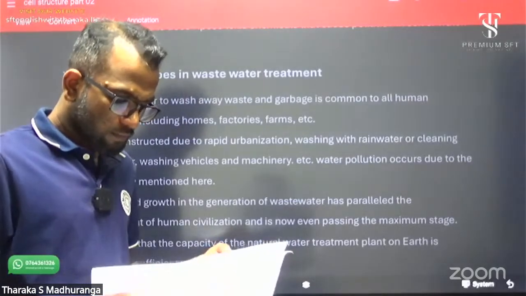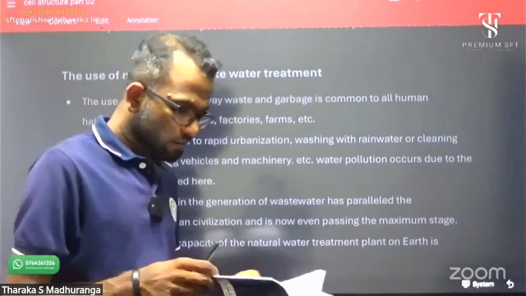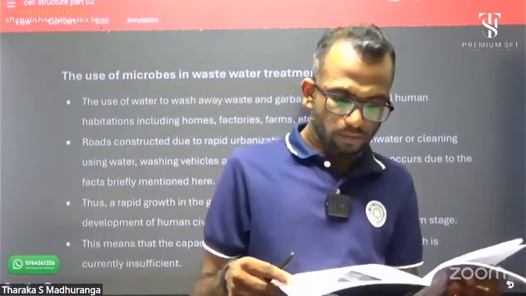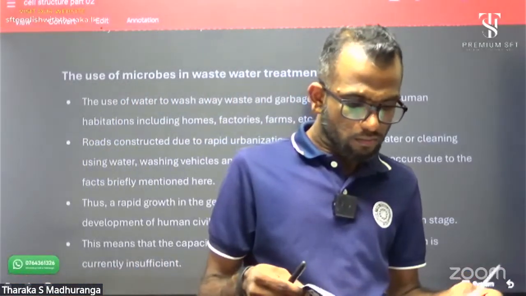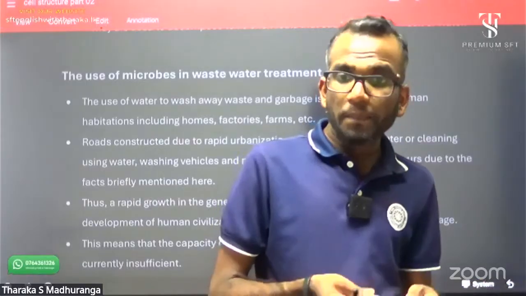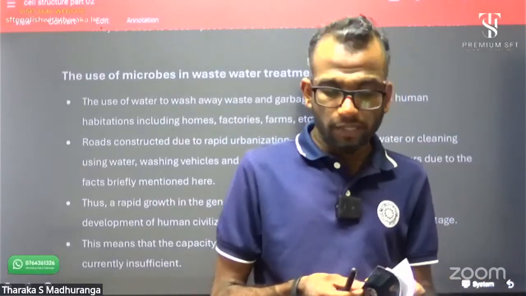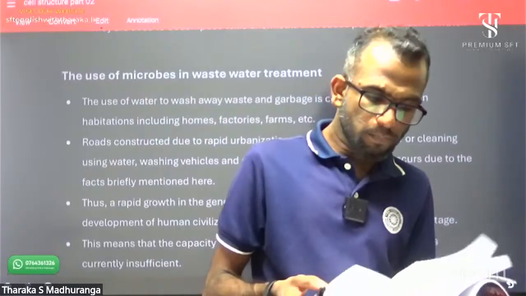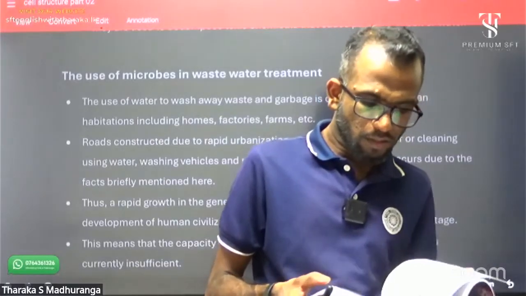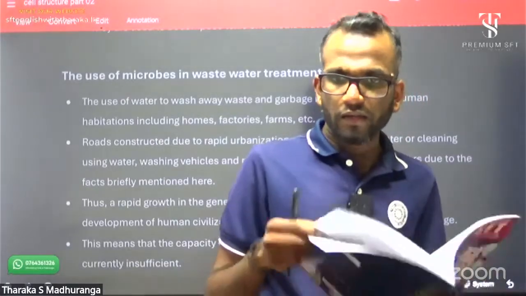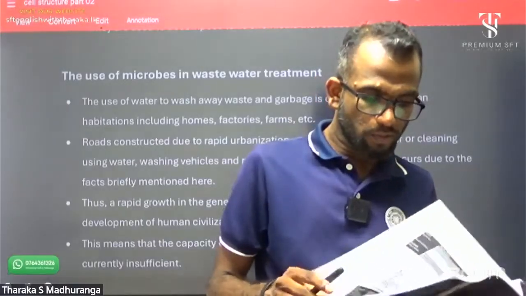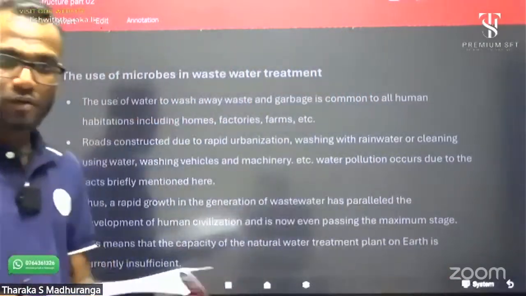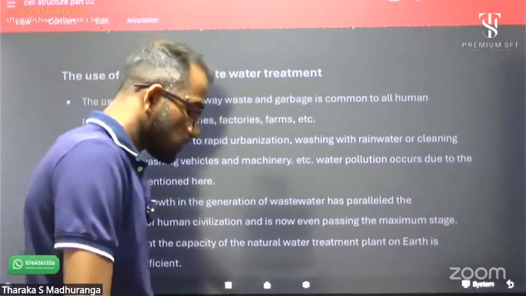After wastewater treatment, we can move directly to plant stems. 50% is complete, and the remaining parts are very simple. Let's start tomorrow morning at 8 a.m. Don't miss it.